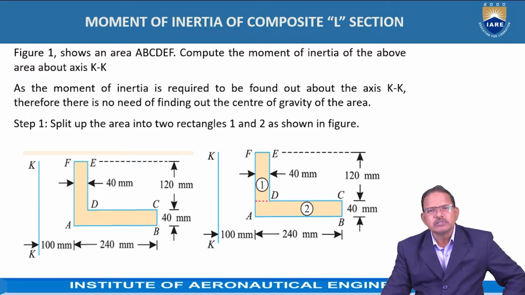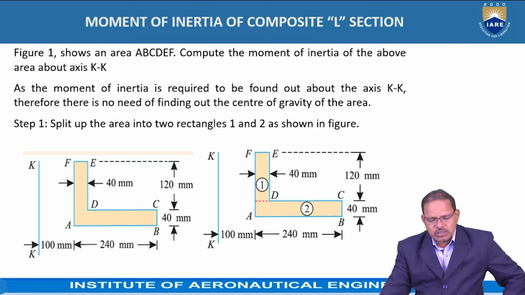By using these principles, we can determine the moment of inertia of a composite section. Composite section means a combination of regular sections such as rectangle, square, triangle, semicircle, circle, and so on.